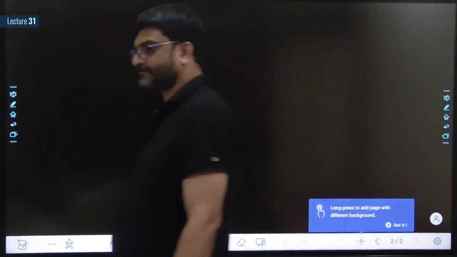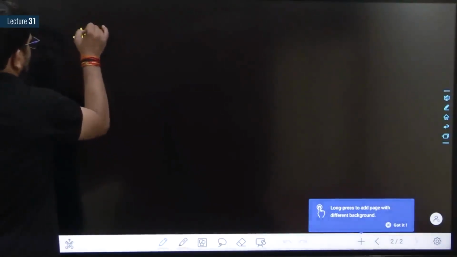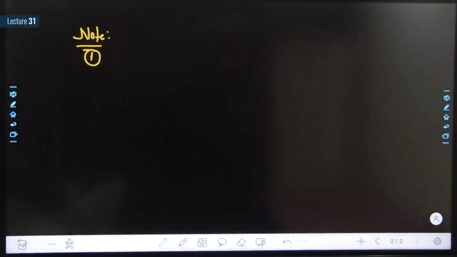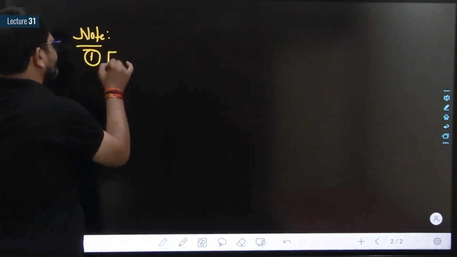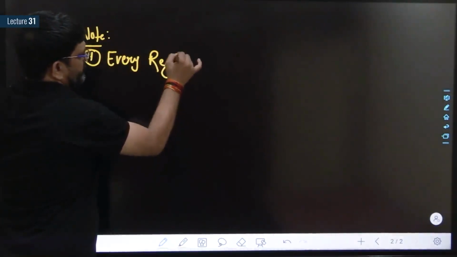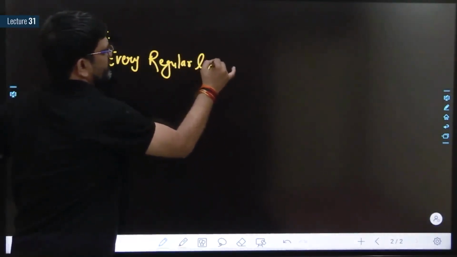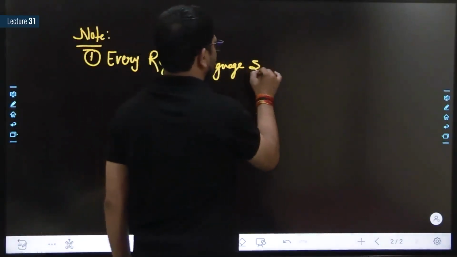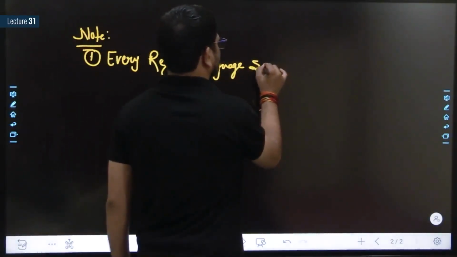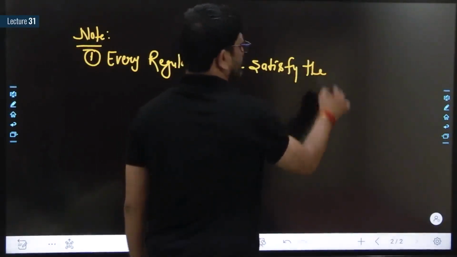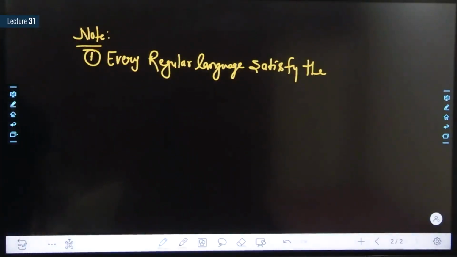Note, first, every regular language satisfies the pumping lemma properties.